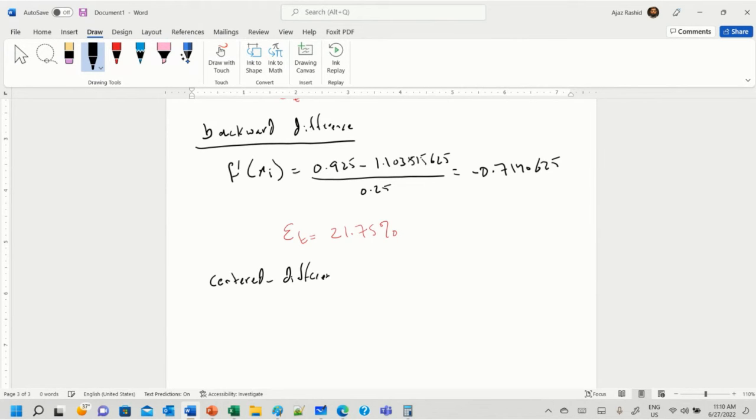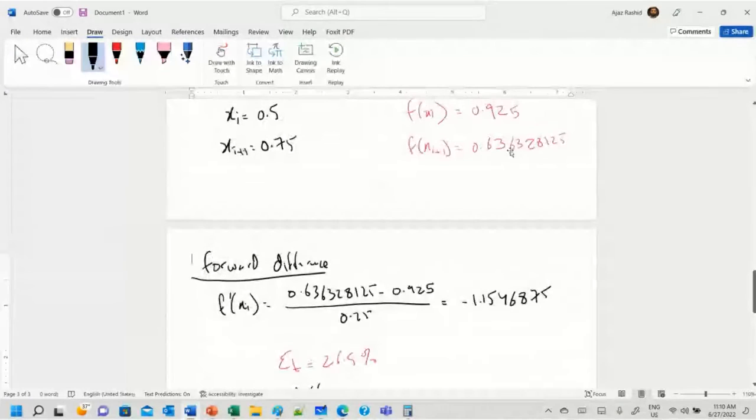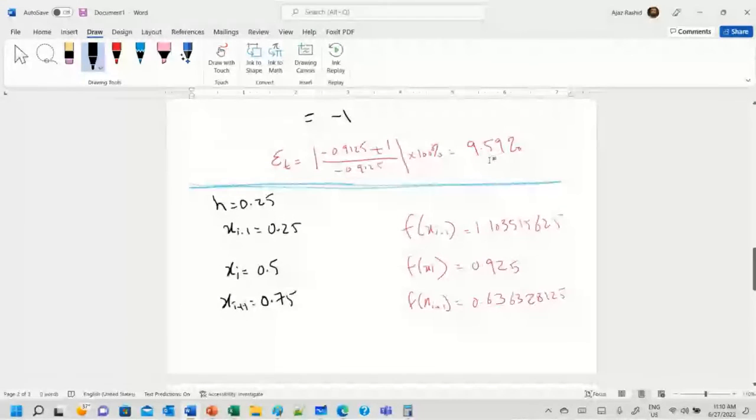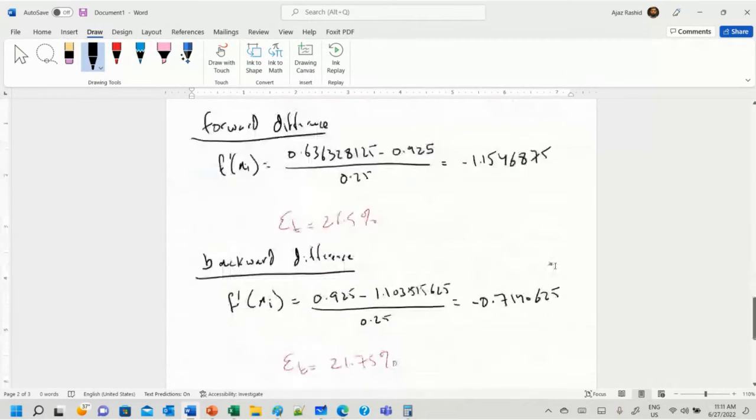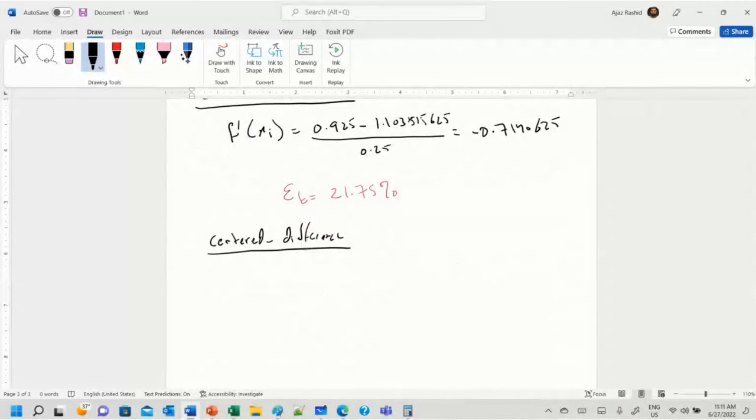And the center difference. Now in the center difference, we had almost 10% error. We made the step size half, so we don't expect to get 5% error. Since we have reduced it by half, we expect the error to be reduced by 4 times. So we expect the error that we'll get by center difference now to be something like 2.5%. Let's find out.